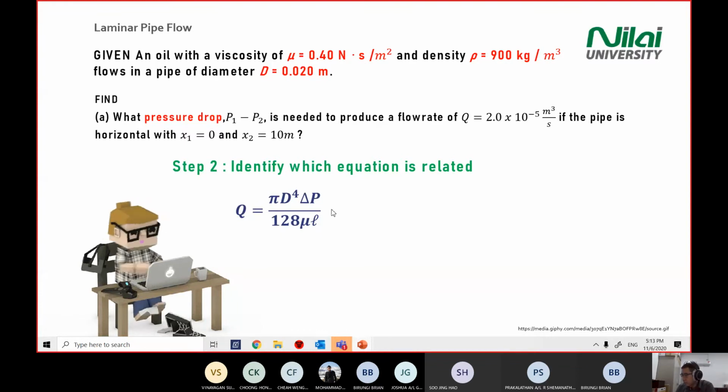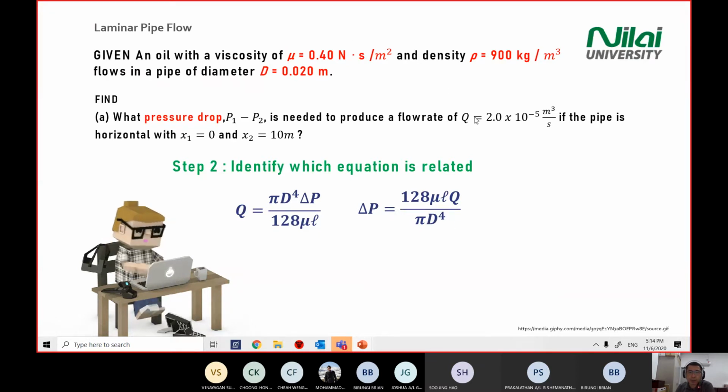The equation in question 13, Poiseuille's law, Q equal to pi d power 4 delta P divided by 128 mu L. Because you want to find the delta P, you rearrange this equation. You pull everything to the left-hand side. You'll get delta P equal to 128 mu L Q divided by pi d4.